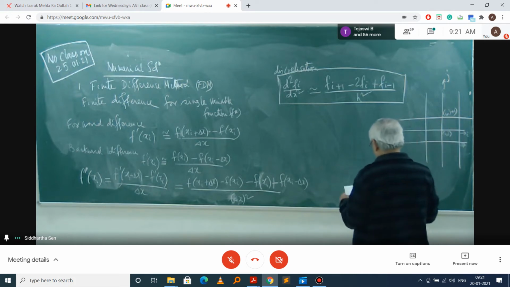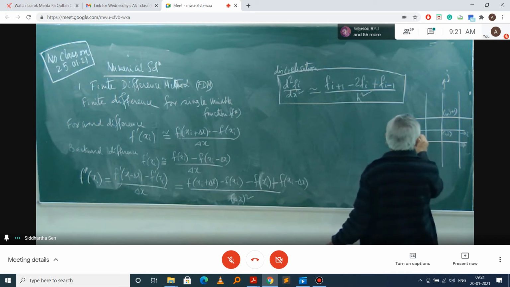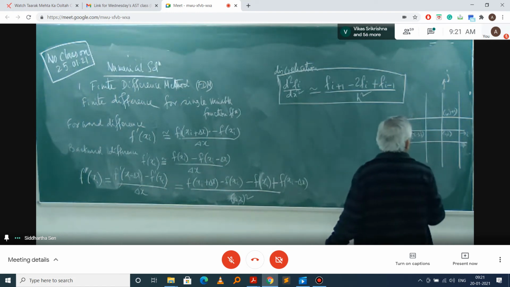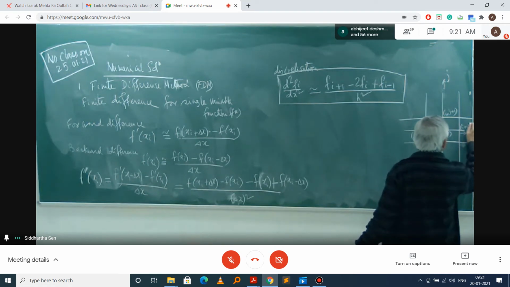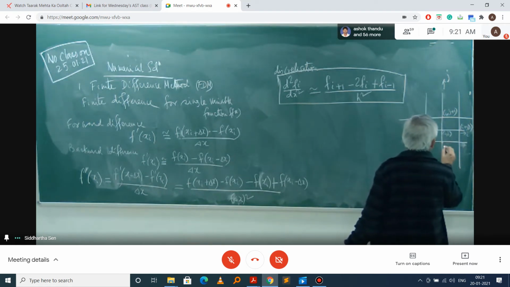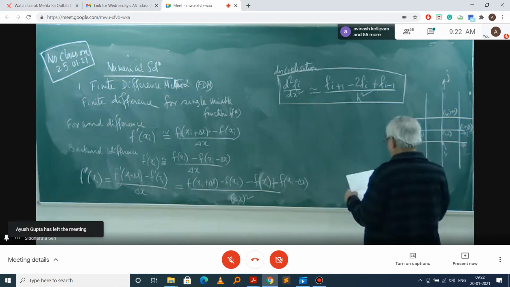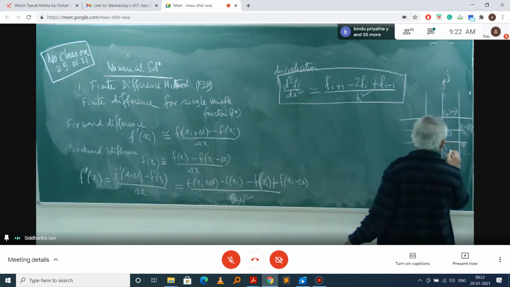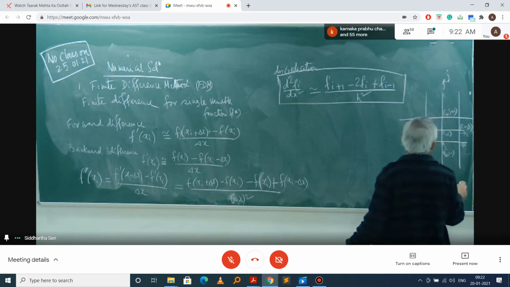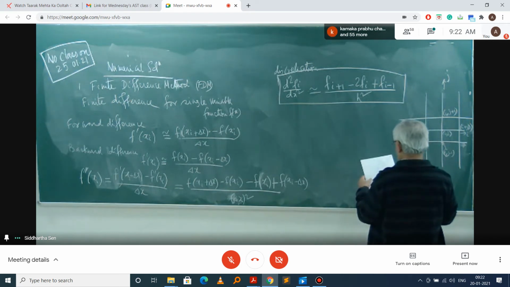This one is I minus 1 comma J and here this is I plus 1 comma J and this point is I comma, what is it? J minus 1. Is it? Or should I write it another way?